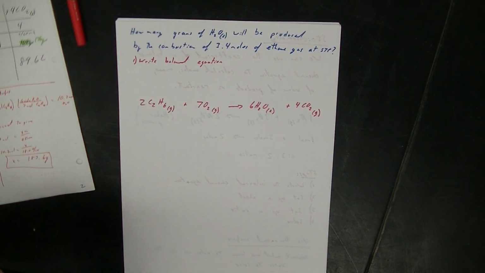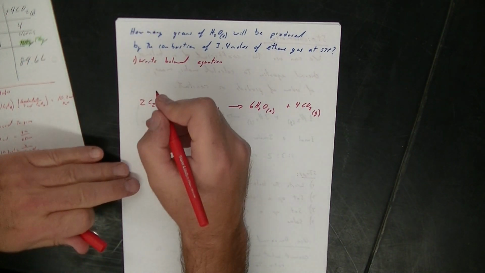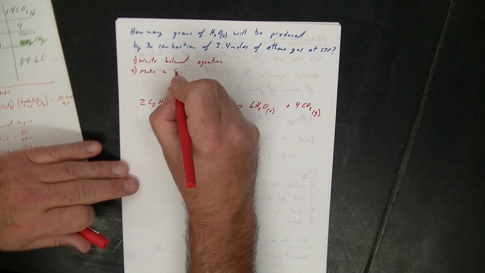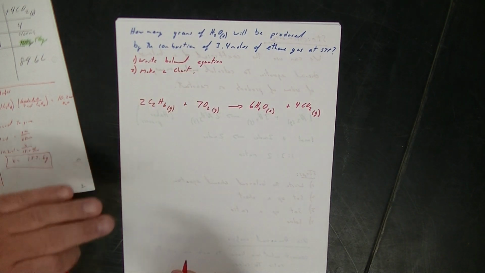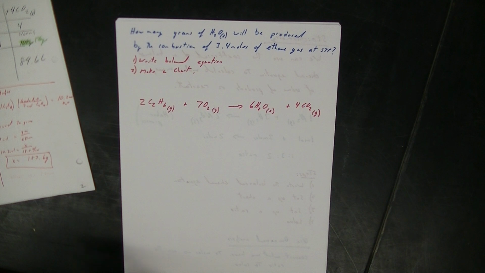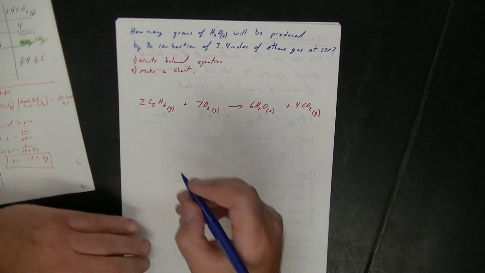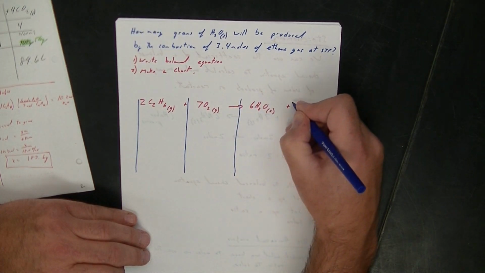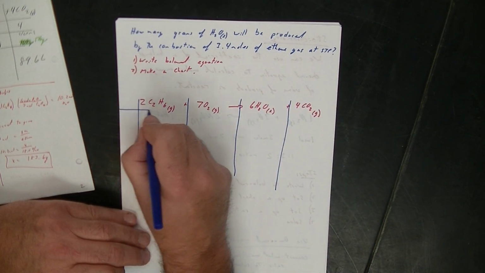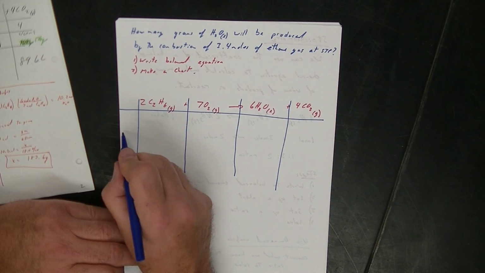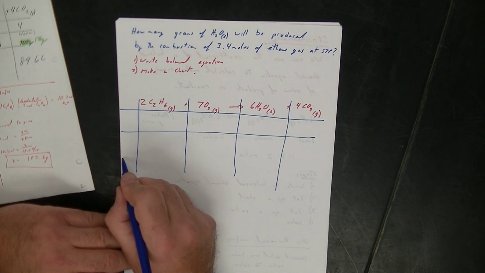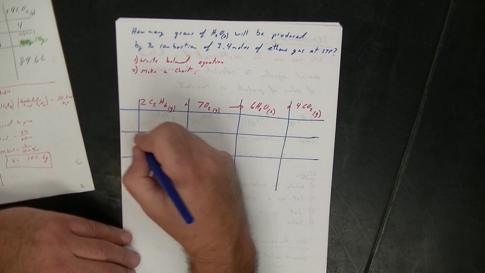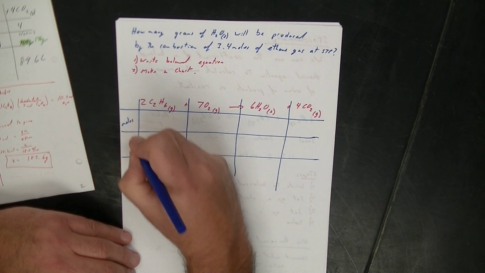The second thing I told you to do was write a chart. Make a chart. Now, this is what I mean by make a chart. And this is going to seem like a lot to start. It's really not. We're going to label this one moles.